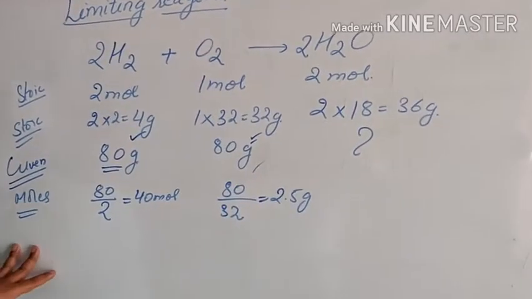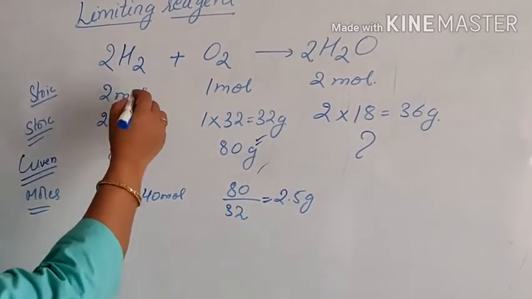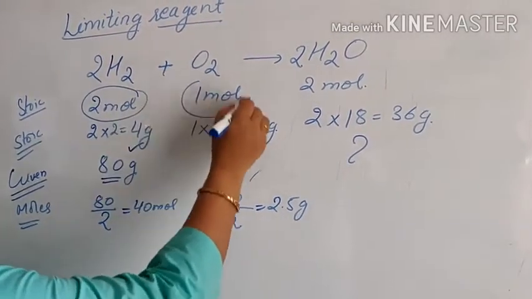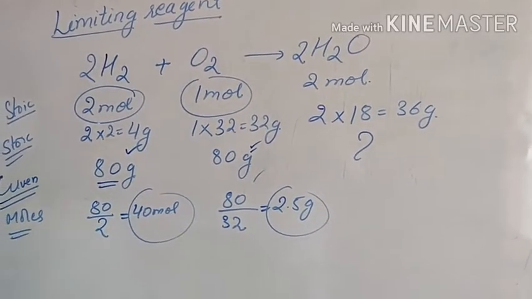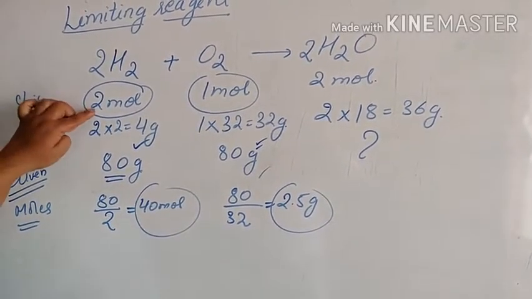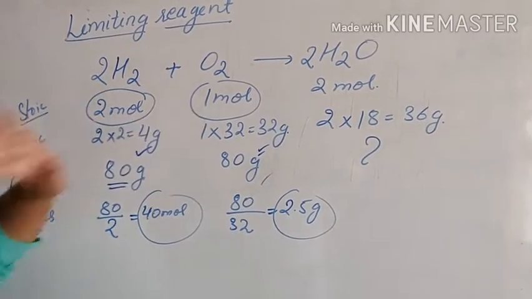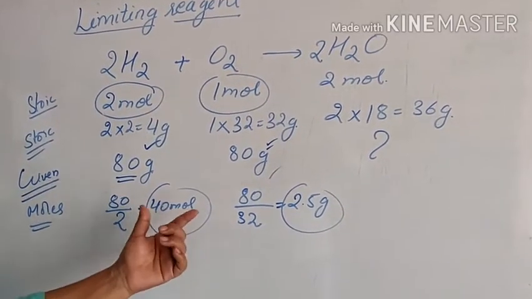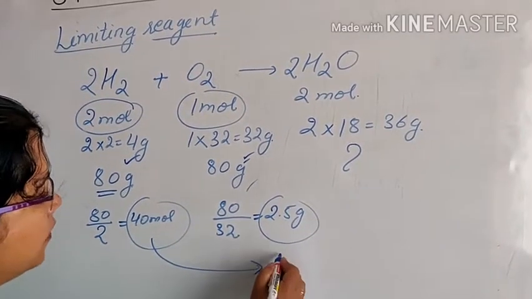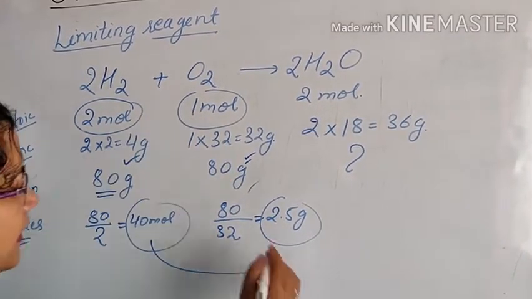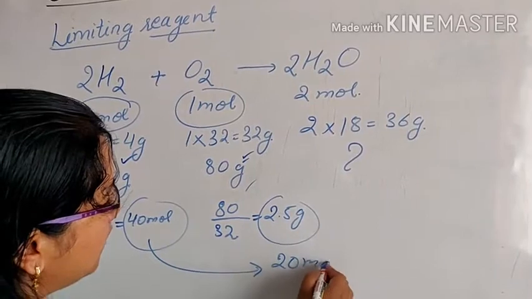Now if we compare the actual number of moles which are required with the number of moles available, we can just compare the ratio. 2 moles of hydrogen require 1 mole of oxygen. It means 40 mole of hydrogen will require just half, means 20 mole of oxygen.